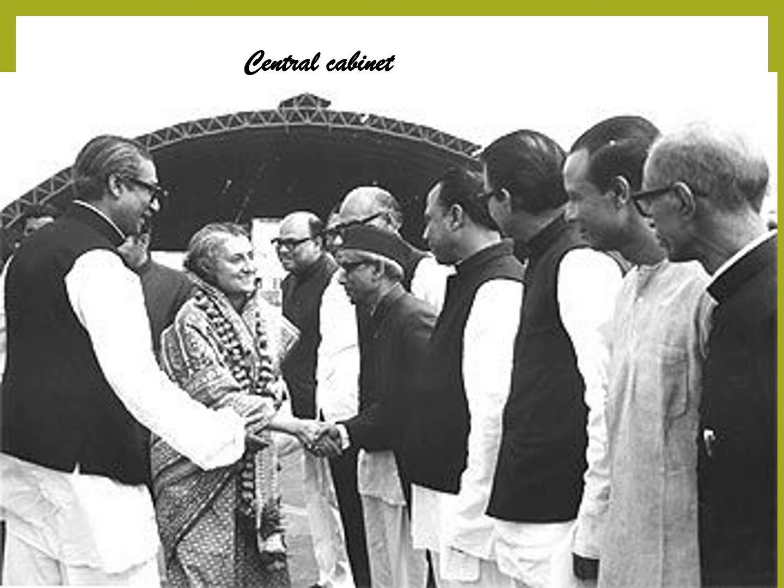This is the cabinet of Mrs. Indira Gandhi. She became the prime minister for the first time in 1966. She lost power in 1977 but came back to power in 1980, and unfortunately she was killed in 1984.